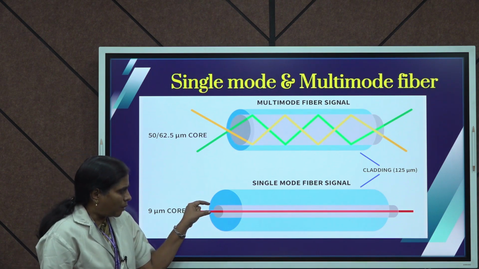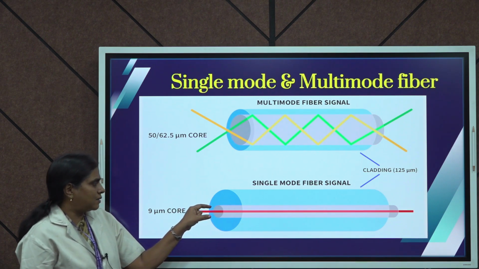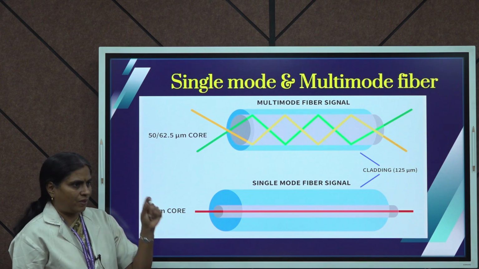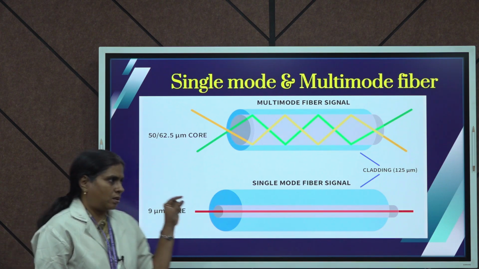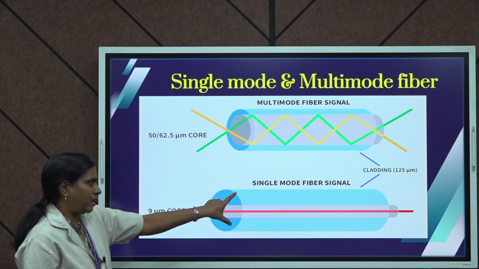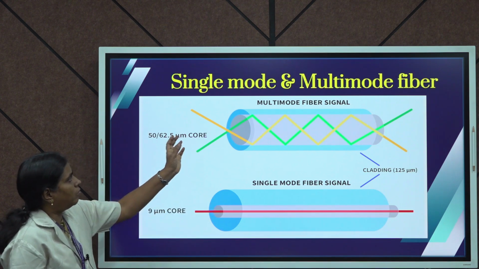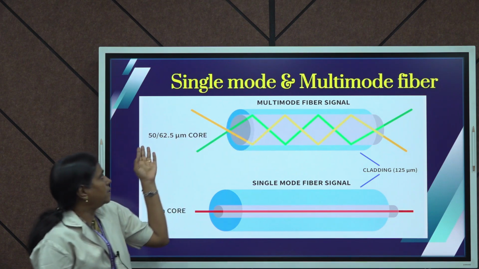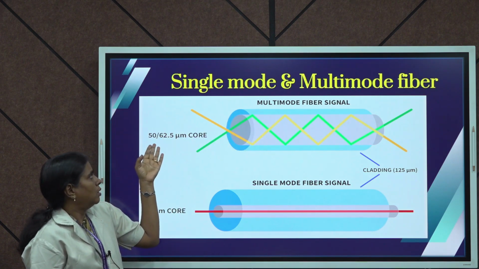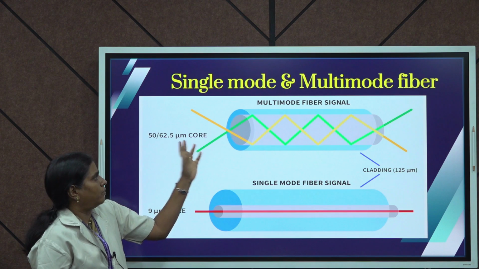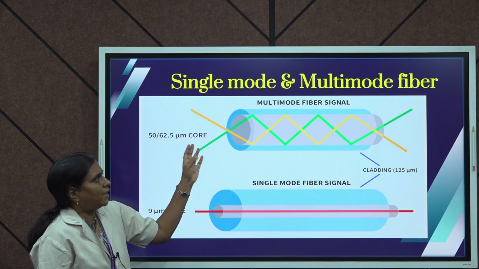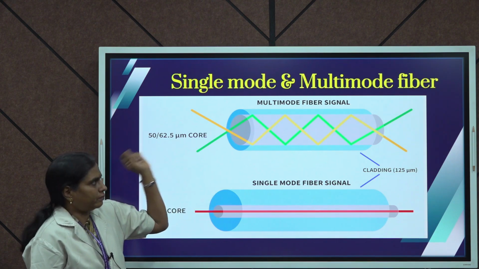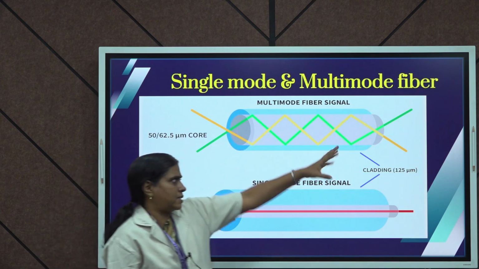Its core diameter is very small, around 9 micrometer, and the cladding diameter is greater. But in the case of multi-mode fiber, the core diameter is greater, nearly 50 to 62.5 micrometer. So it can transmit many signals at a time.